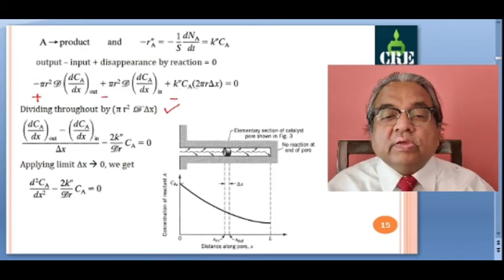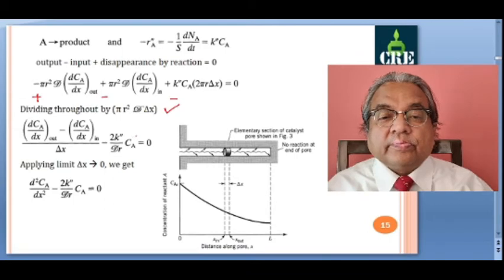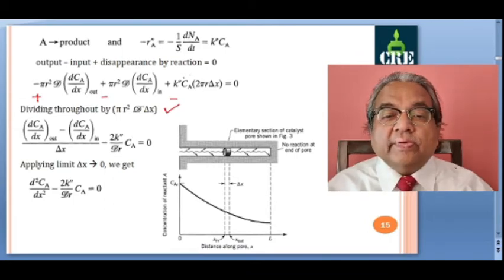This divided by pi r square D delta x. So delta x will cancel out, pi will cancel out. R square we have in the denominator, so one R will remain and D will remain. So minus 2 k double prime by D into R into this CA is equal to 0.